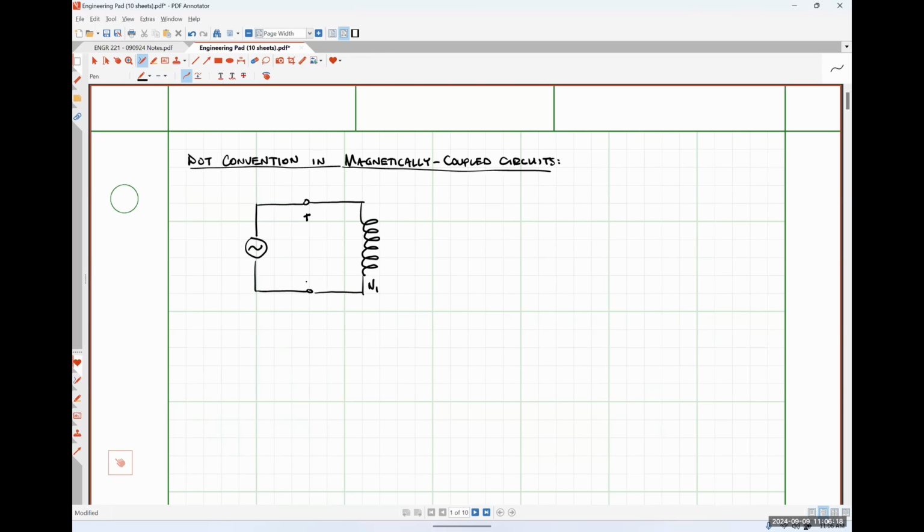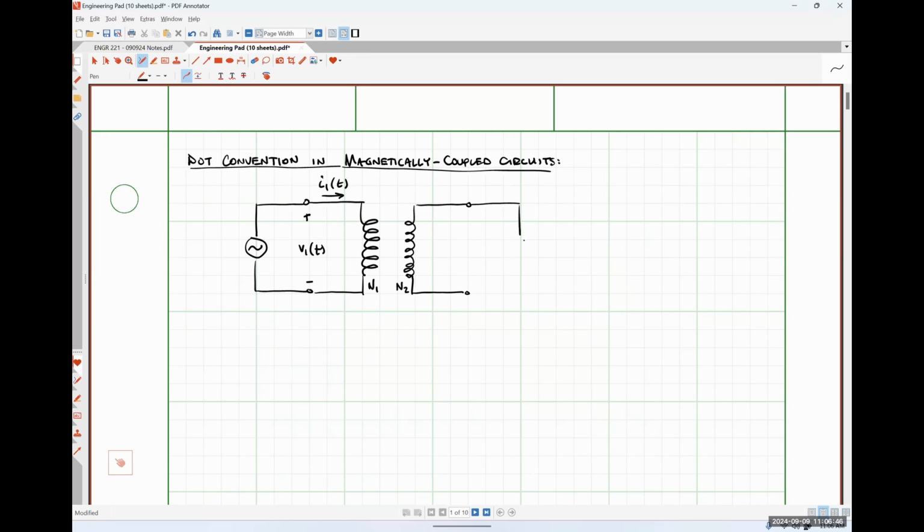The induced voltage drop across said coil is V1, and the current flowing through coil 1 is I1. And then we have a second coil which has N2 turns.